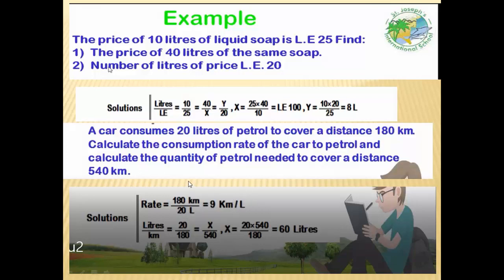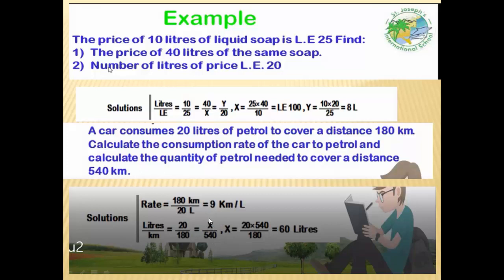Kilometer by liter. Then if we have 180 kilometers over 20 liters, then it equals 9 kilometers per liter. Calculate the consumption rate of the car to petrol and the quantity of petrol needed to cover a distance. The distance is 540, and we need the number of liters.